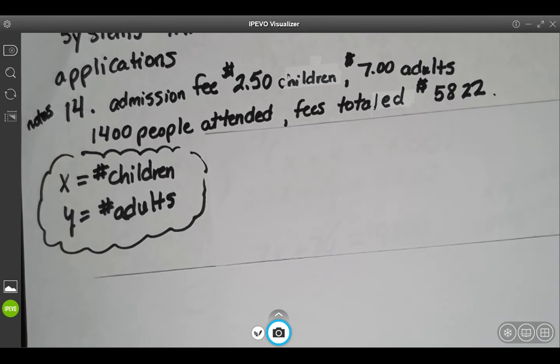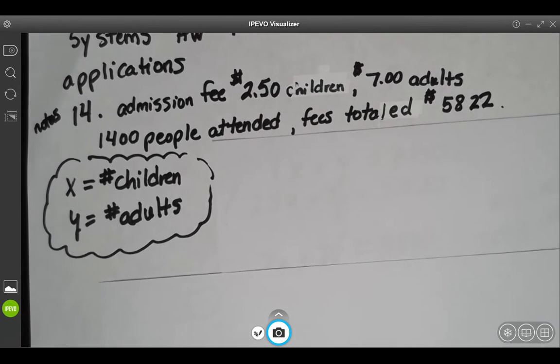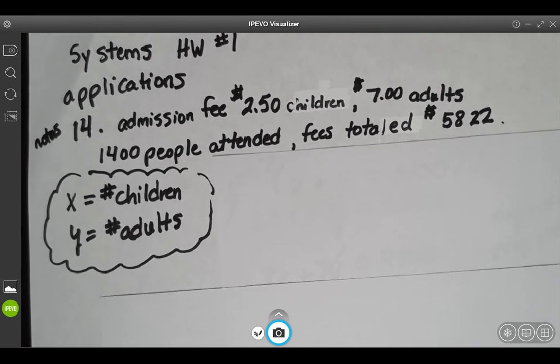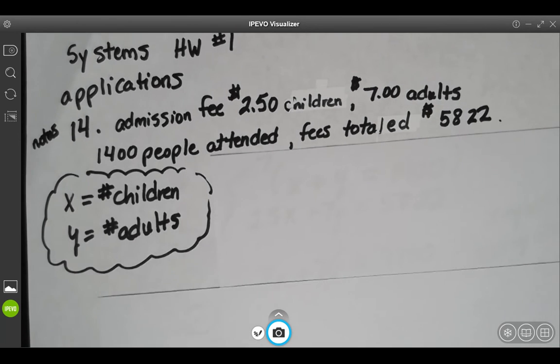If it makes it easier for you, you could use C for children and A for adults, but I just wanted to keep this real algebraic. We're used to working with X's and Y's. So X is the number of children, Y is the number of adults. Not optional. That has to be part of your work: initializing what your variables stand for.